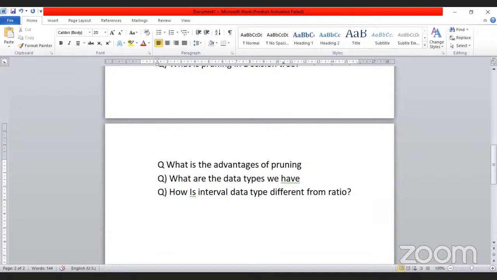Both are numeric data types, interval and ratio, but there are differences. In a ratio we have absolute zero. Sorry, in interval data types we have zero as an actual value.